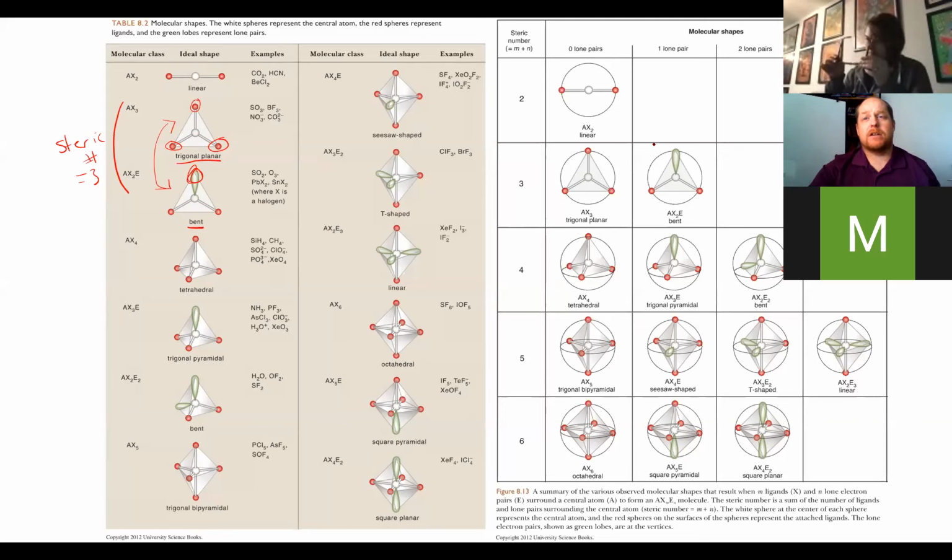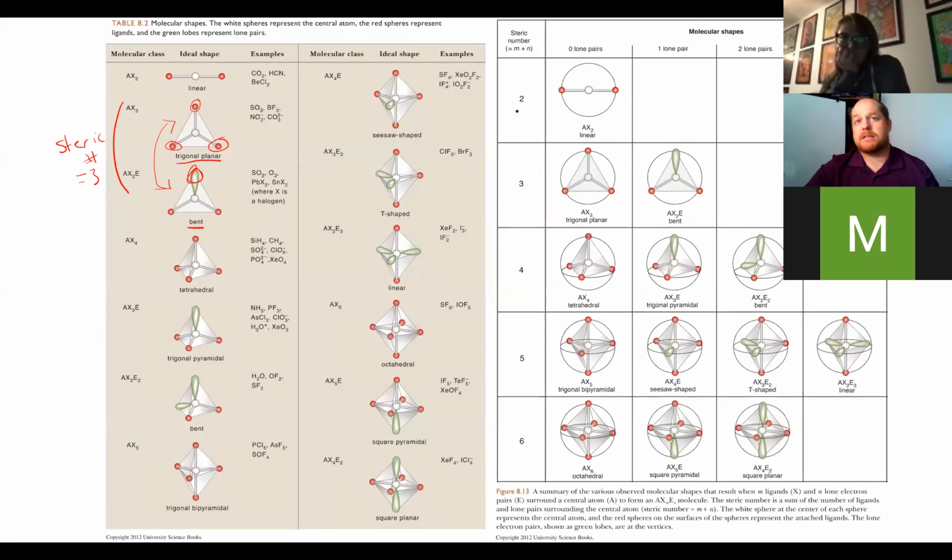And so that'll come into play as we start to put these classes together. The figure on the right shows you, based on the same type of representation we saw in the previous slide, where all of the electron groups are accounted for as atoms. Here now we're going to start to look at what happens when we remove those atoms, one atom at a time. And so we're going to have these different classes of VSEPR structures.